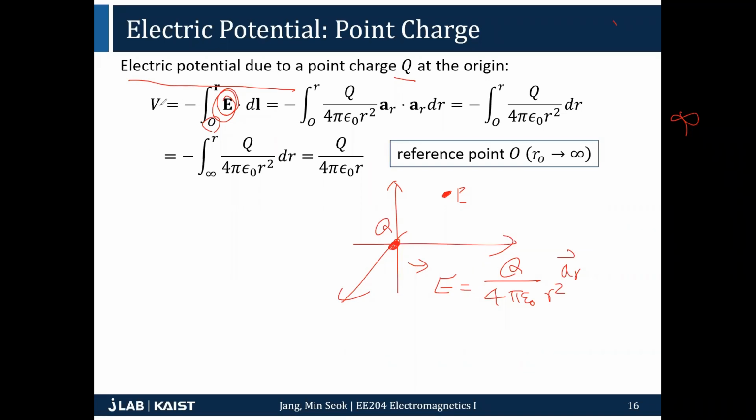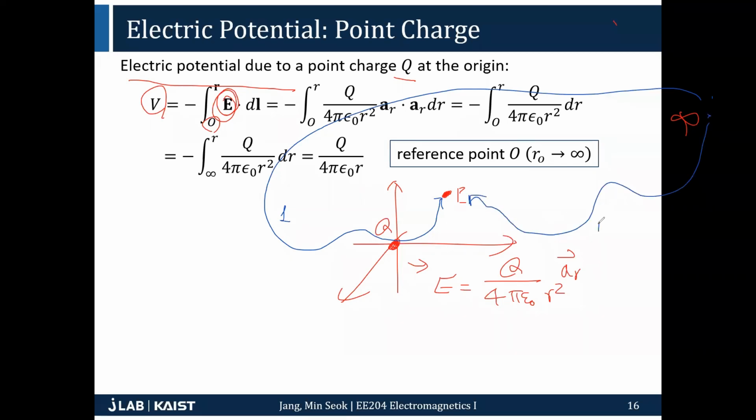How to perform this integration? There are multiple ways. As I said earlier, you can take the integration from infinity to the point P along arbitrary paths, probably path 1, or this can be path 2.